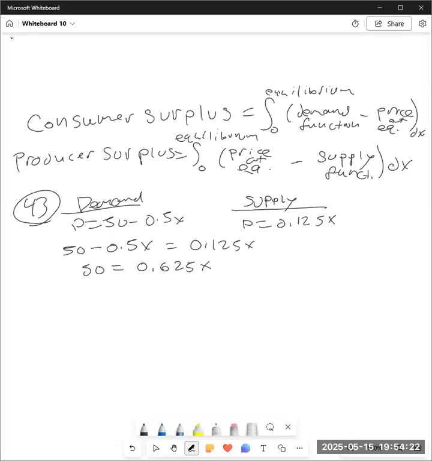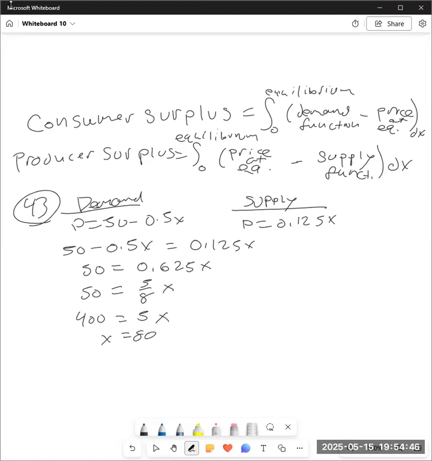And this is 5/8 x, so 8 times 50 is 400, which is equal to 5x. X is equal to 80.